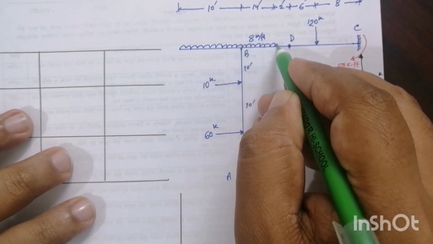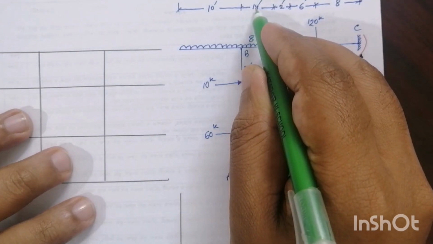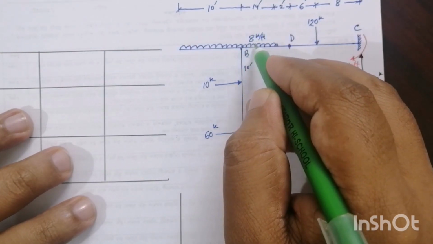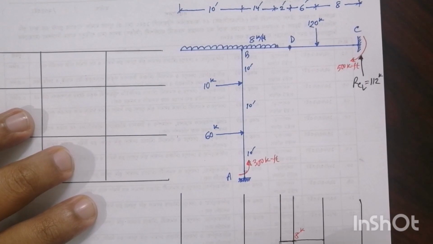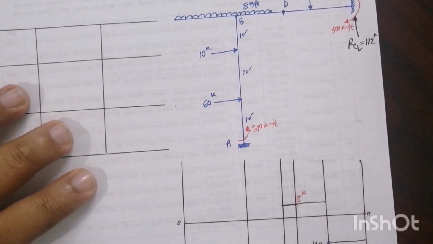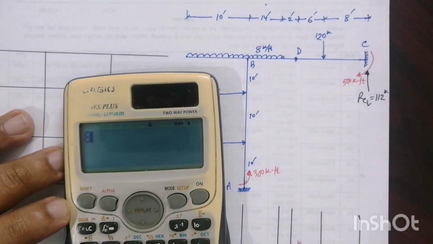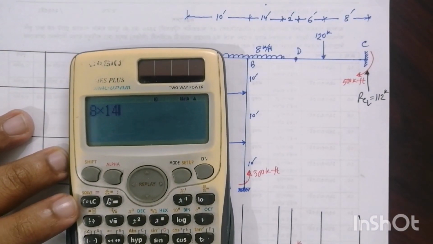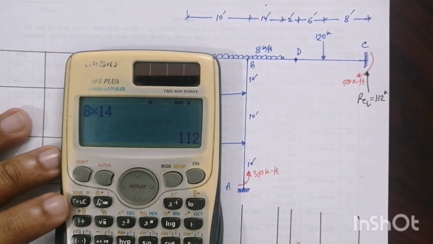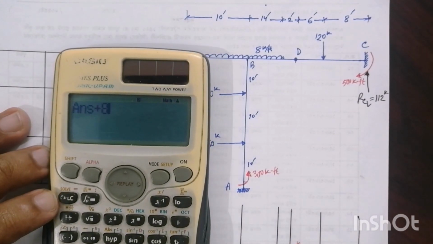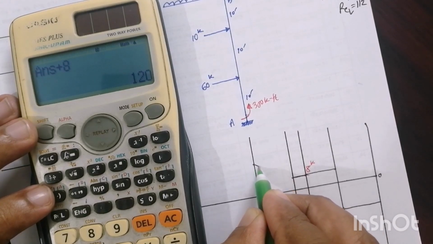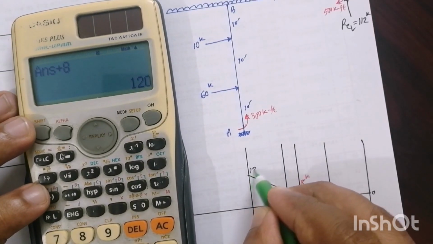Now this point, this one is 8 kip, this is 14, so 8 kip downward. Actually if we go backward, then it is adding with this 8 kip. So here is 8 kip in 14 feet, 8 into 14, 112, plus 8, so this is 120 kip.